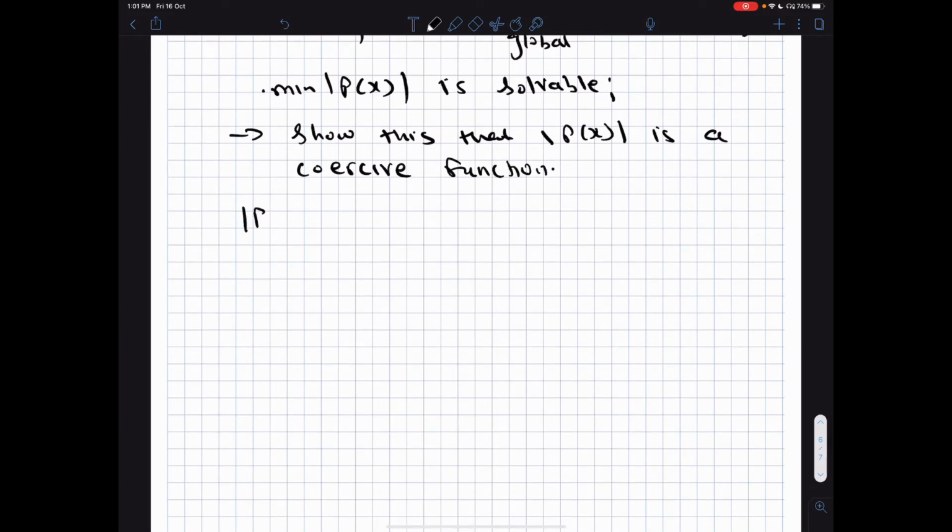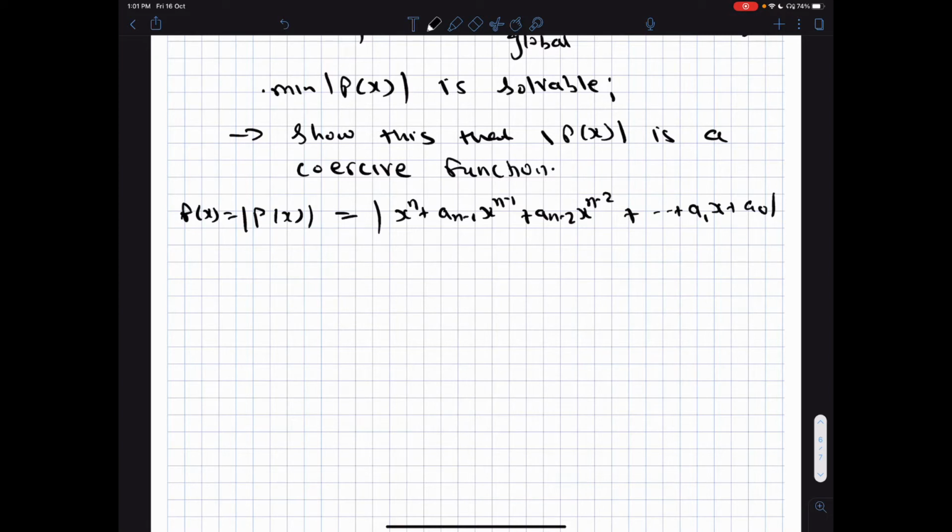So let's write what this is. You can call this function f of x, and this is modulus of x to the power n plus a_{n-1} x to the power n minus 1 plus a_{n-2} x to the power n minus 2, and so on up to a1 x plus a0. So what we want to show here is that in the limit of absolute value of x tending to infinity, this modulus of P of x should go to infinity.